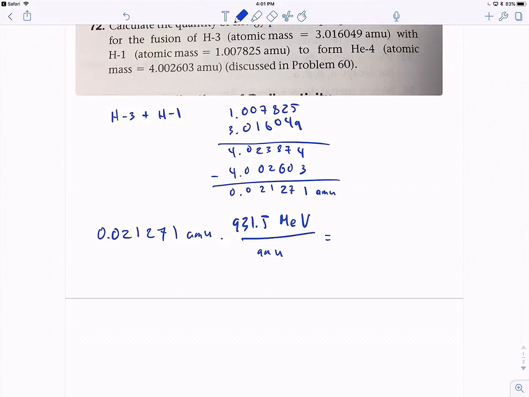So this is 19.81 MeV. Just so you know, an electron volt is 1.6 times 10 to the minus 19 joules.